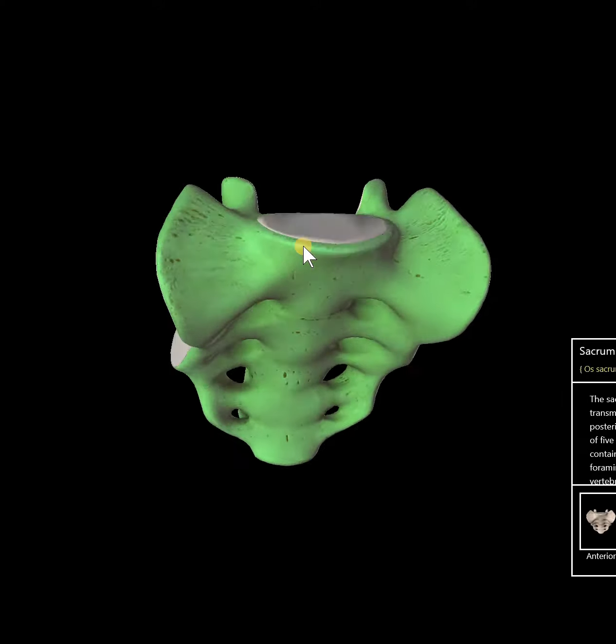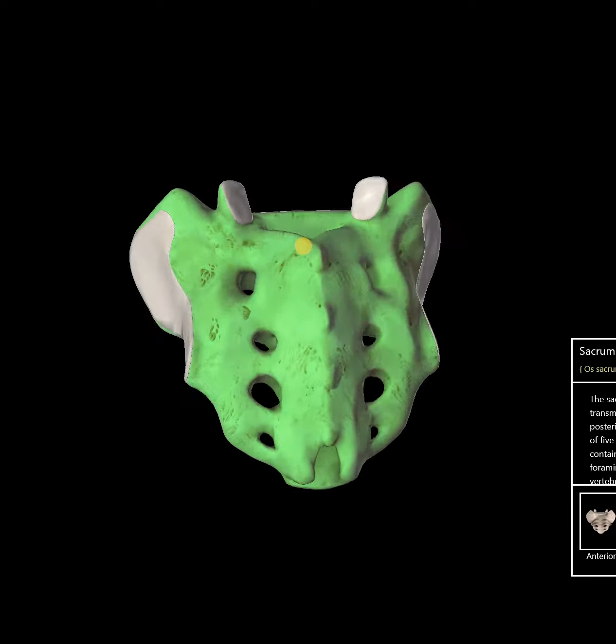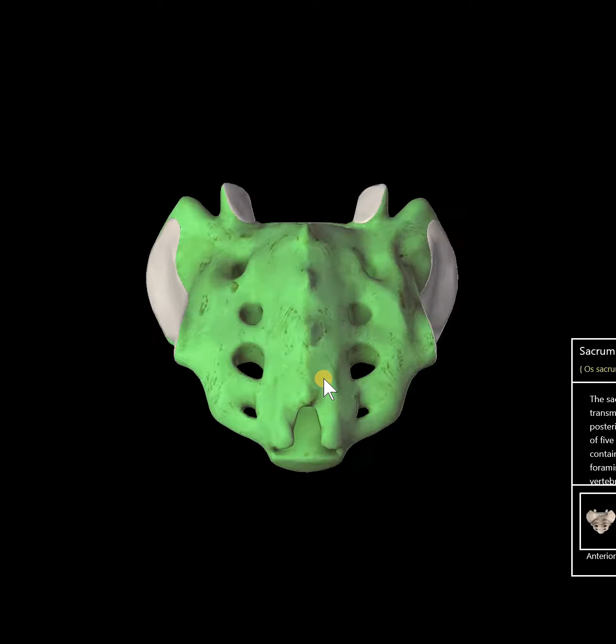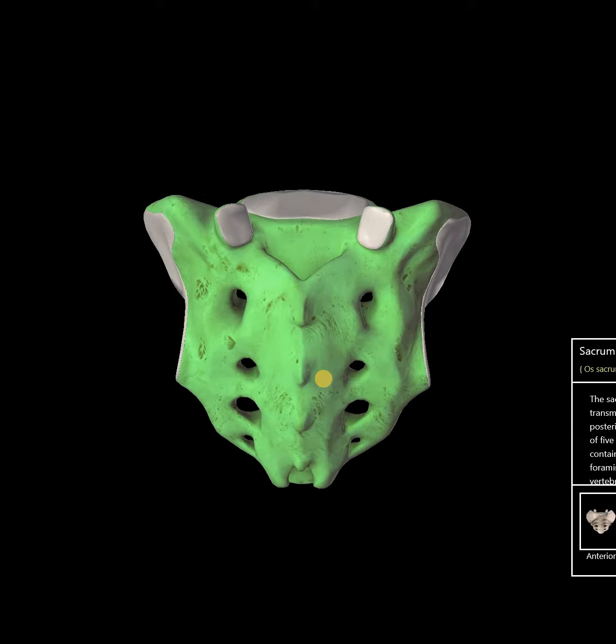Okay, sacral hiatus is right here. Sacral hiatus. Okay, the medial sacral crest, which is remnants of the spinous process. So right here, remember in infancy, the sacrum is individual segments like your spine vertebra.